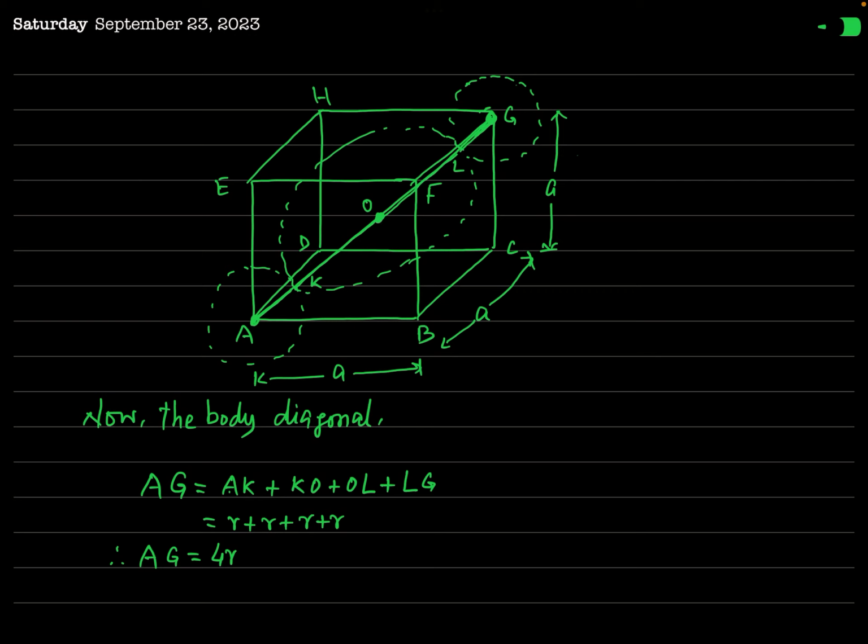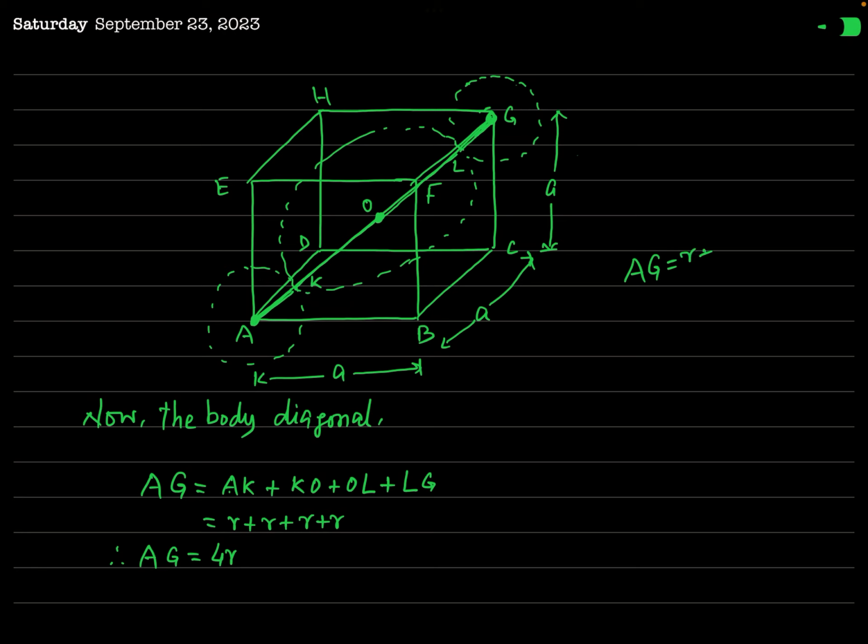So again from the geometry of the figure it is obvious that if you want to know the length of the body diagonal of this cube, that is AG, that will be equal to what? That will be equal to AK plus KO.